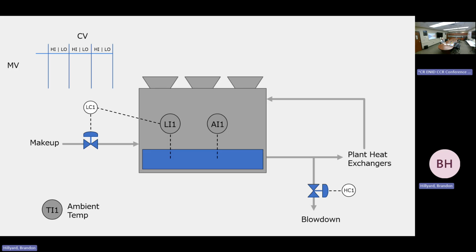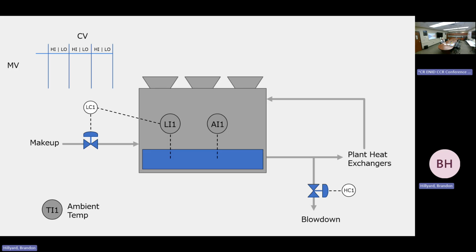So it looks like we're trying to control the level and I think conductivity, I'm guessing from the analyzer, and then temperature, is that something that we're doing? I see ambient temperature. What did I put on here? I don't even remember. Maybe I should add a note for the AI one.